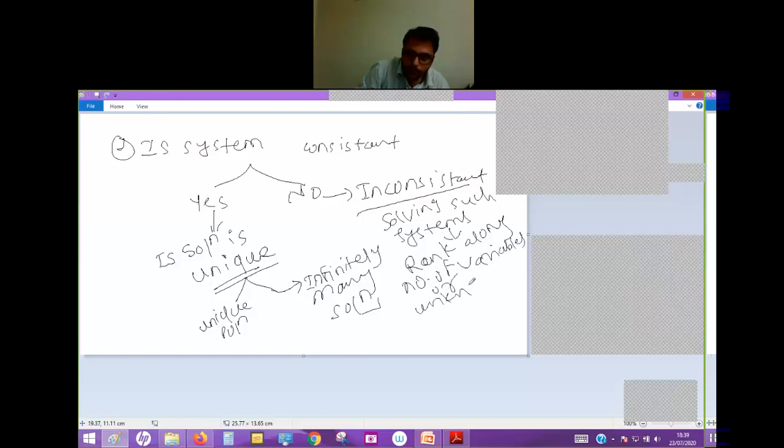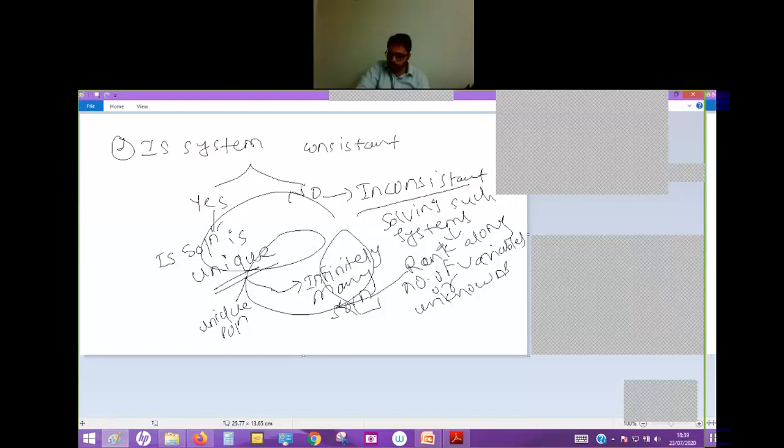The nature of all this system depends on this, and again this is dependent on row echelon form or row reduced echelon form. That's why we are studying how to solve systems of linear equations.